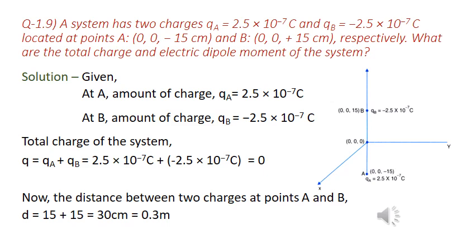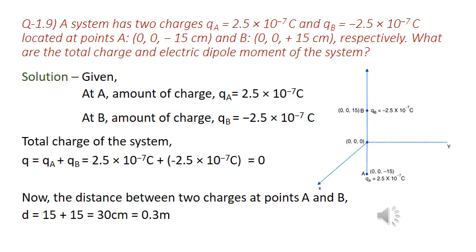The coordinate of x is equal to 0 and also the coordinate of y is equal to 0. Firstly we will have to find out the total charge, which will be equal to the sum of the two charges given in the question. So we can write the total charge Q is equal to QA plus QB. Since the two charges have equal magnitude but opposite sign, the total charge will be equal to 0.